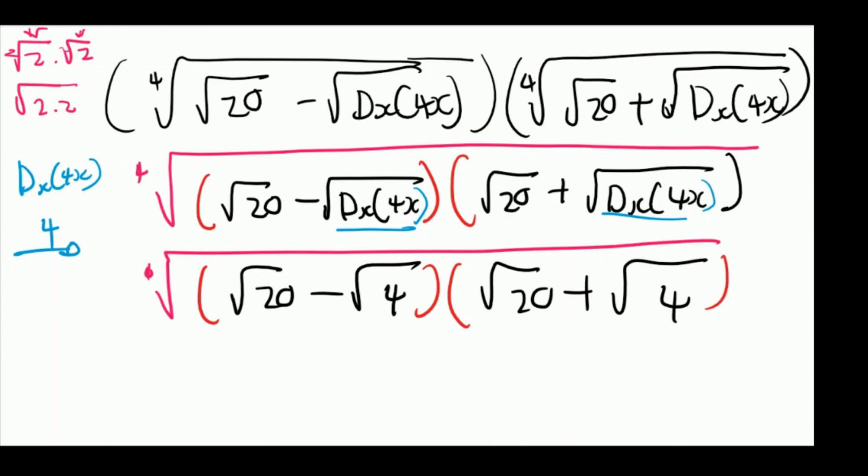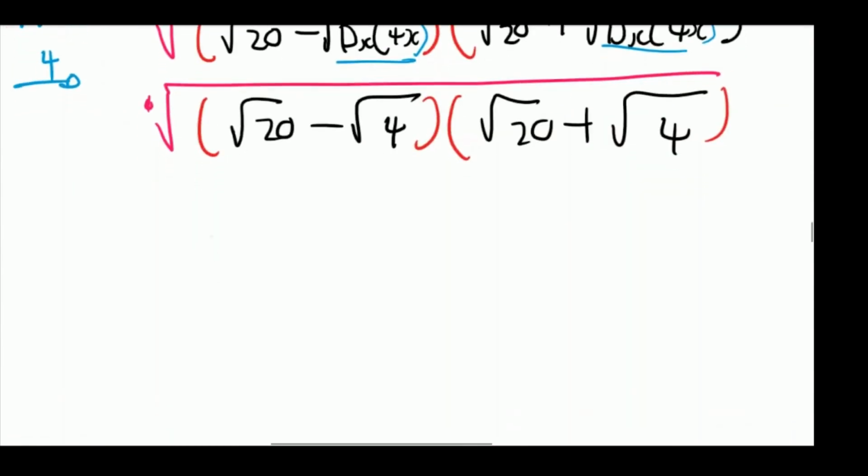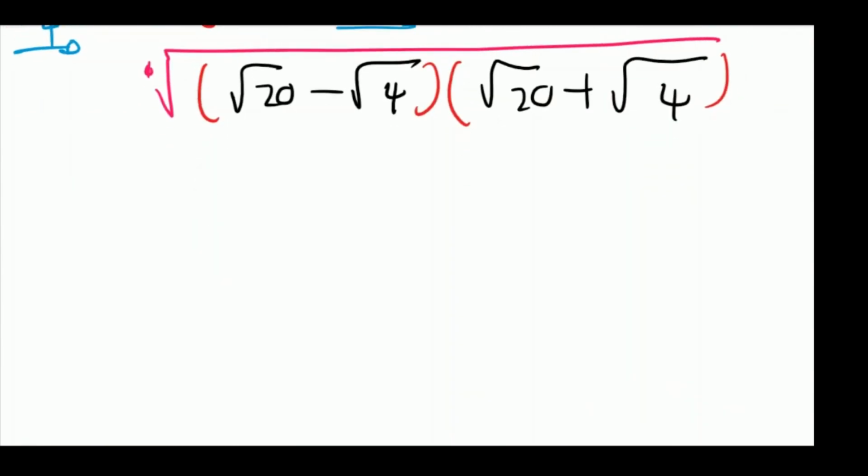So now remember that this is 4. Let me write it nicely. So it's going to be 4. So now remember that if you have a difference of two squares, x squared minus 1, when you factorize it, it's x plus 1, x minus 1.